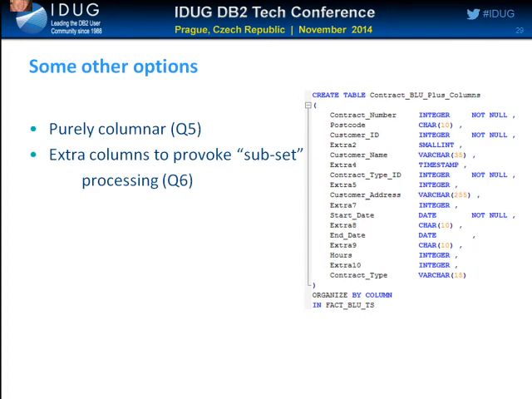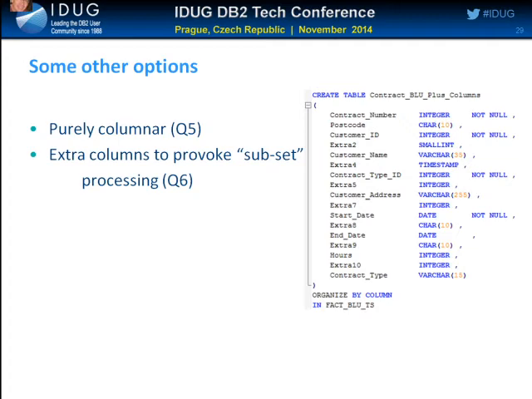Effectively what's happened there is I've denormalized it, so we've now got the dimension data in here as well: postcode, customer name, address, and then I put the contract down there, and I've just put in a whole load of extra columns, just to make sure that when I do run that exact same query, it's now looking at a subset of the data.